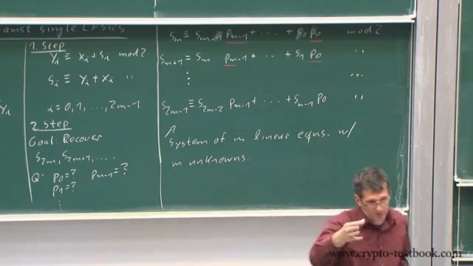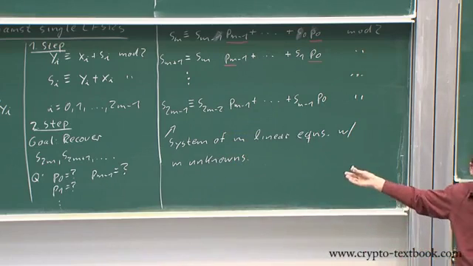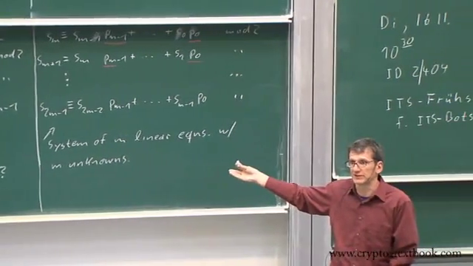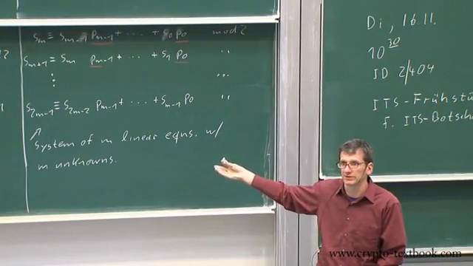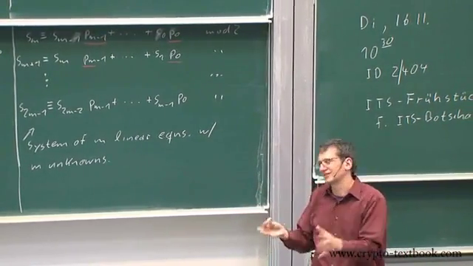And now, you probably had it in Mathe 1, first semester. How do we solve that? What kind of algorithms do we use at this point? What is one Stichwort, one keyword? Yeah, Gaussian elimination.